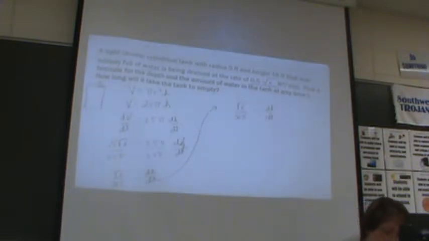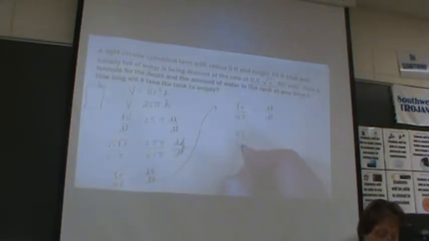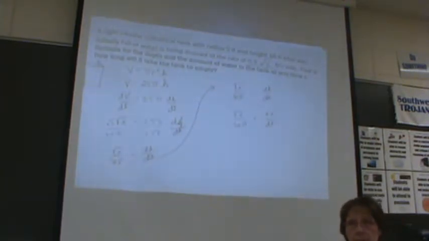Do we know how the height is changing? That's going to be our x. So our square root of x over 50 pi, because that's our change, is going to be dx/dt. And if we take this integral, we can find the time. Because that height is what's changing.